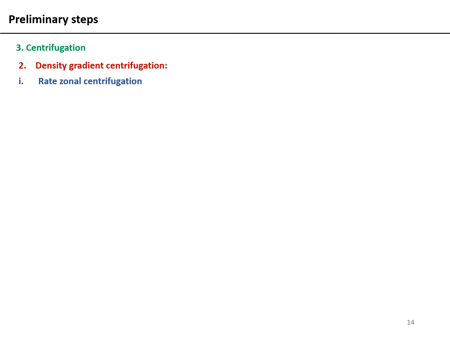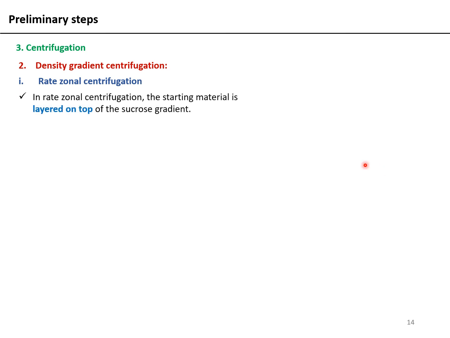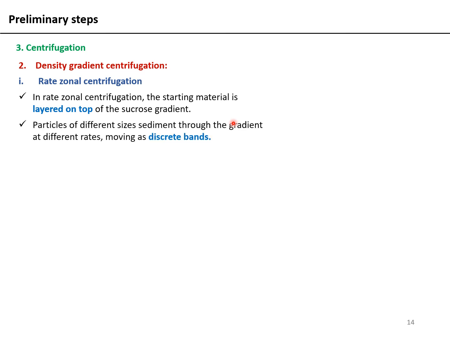So under density gradient centrifugation, we again have two more types that we are going to discuss. The first one is rate zonal centrifugation. So what do I mean by it? In rate zonal centrifugation, the starting material is layered on top of the sucrose gradient, or it can be any other gradient.